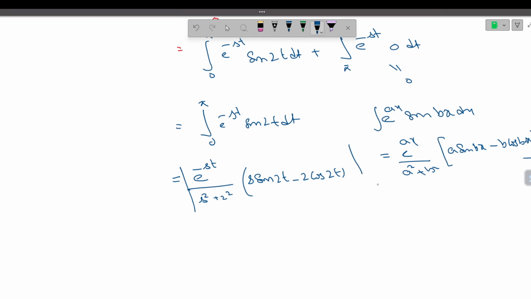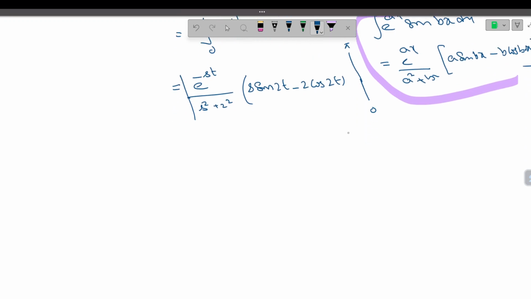The limits of integration are 0 to pi, so upper limit minus lower limit.